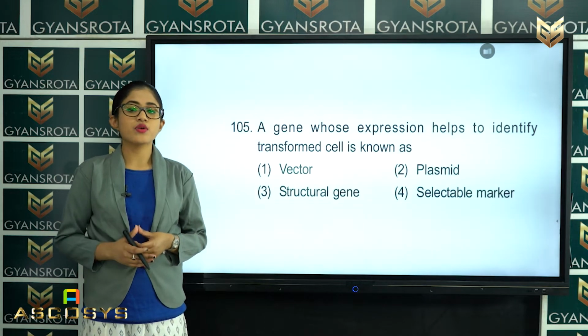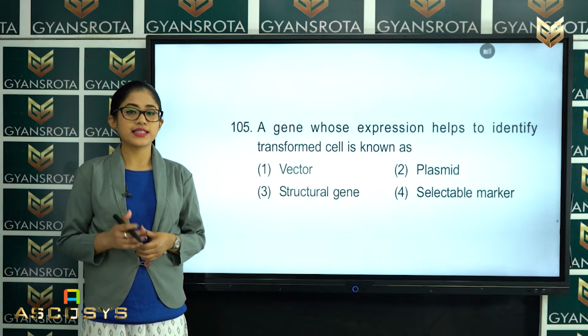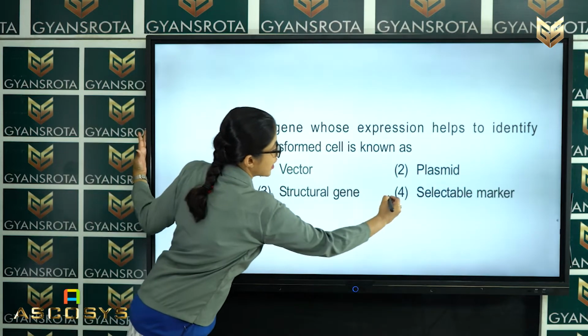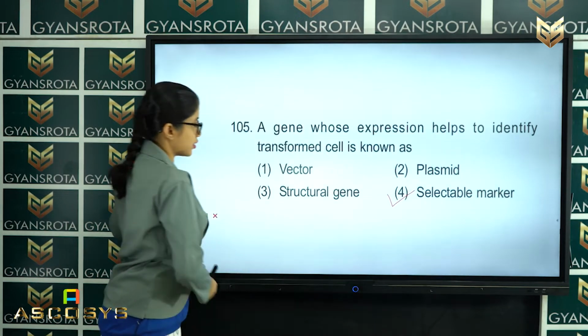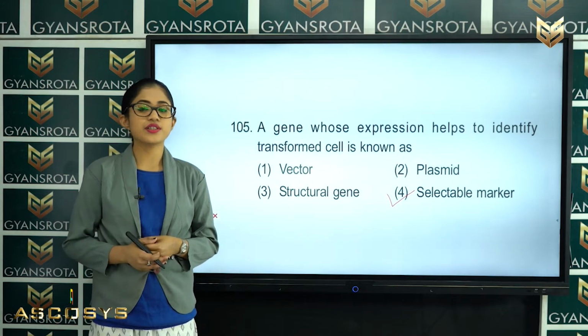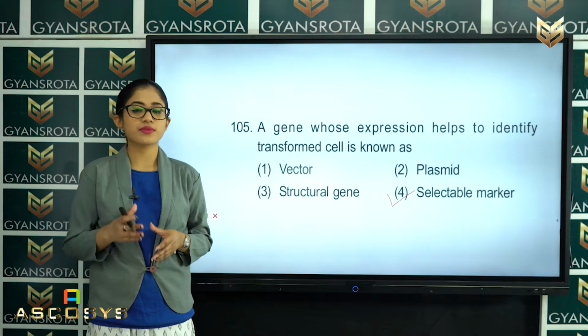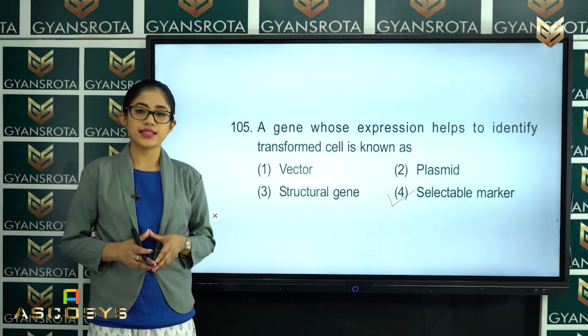What is the gene whose expression helps to identify the transformed cell? That is option number 4, selectable marker. Selectable markers are genes whose expressions help to identify the transformed cell, and this is the answer.